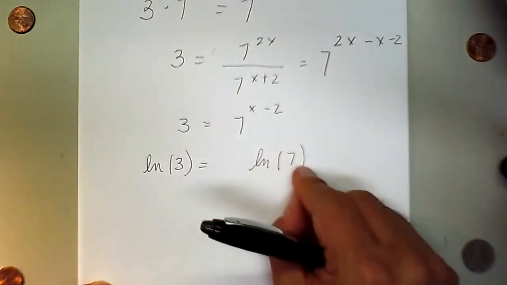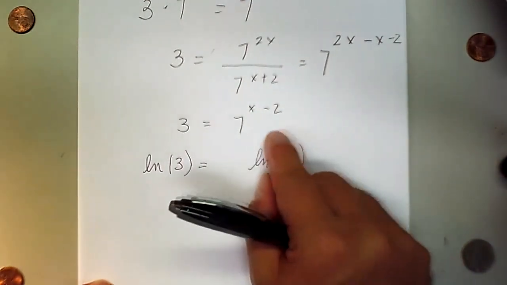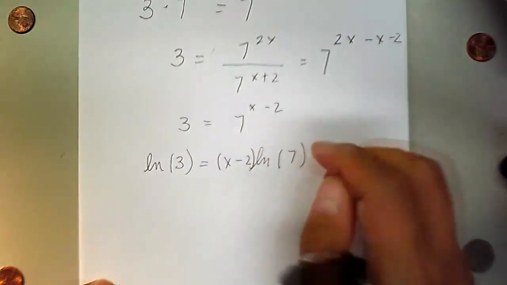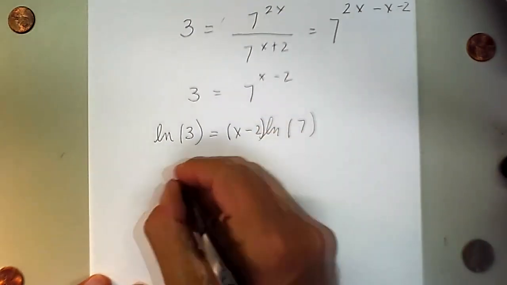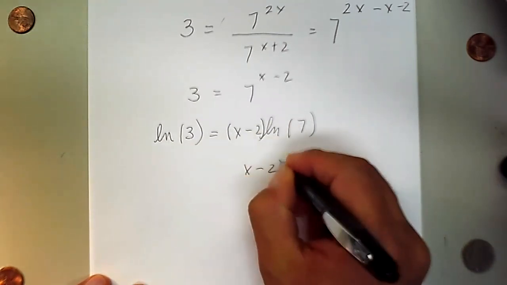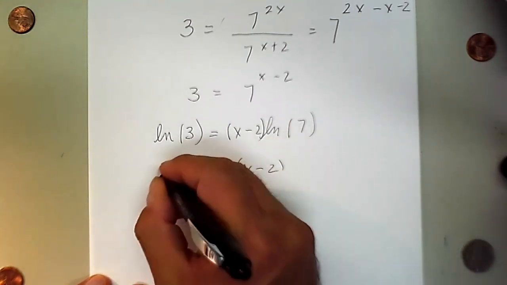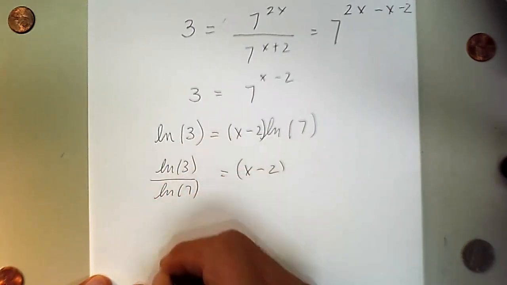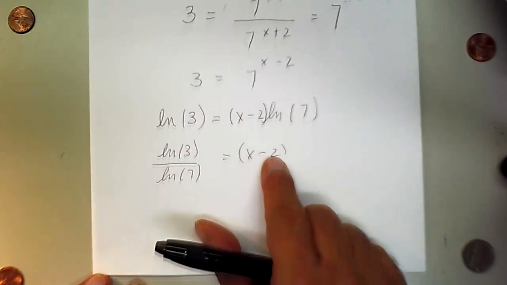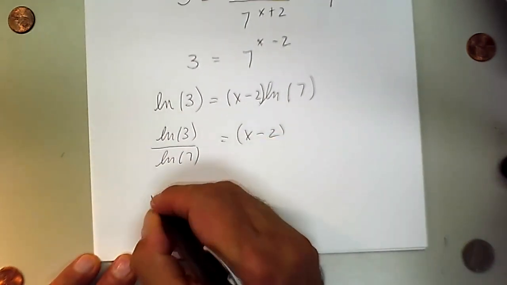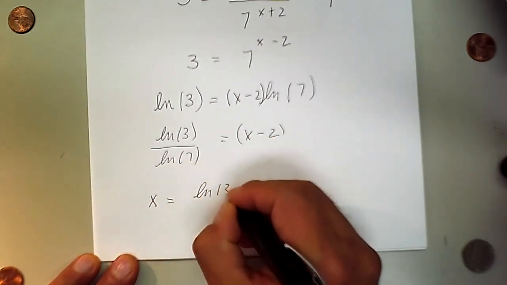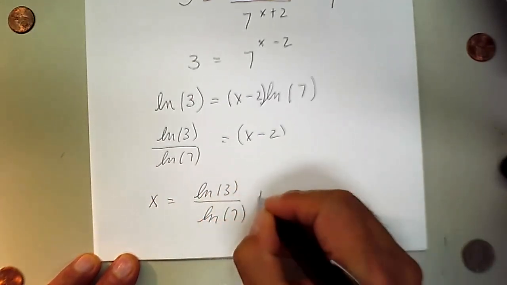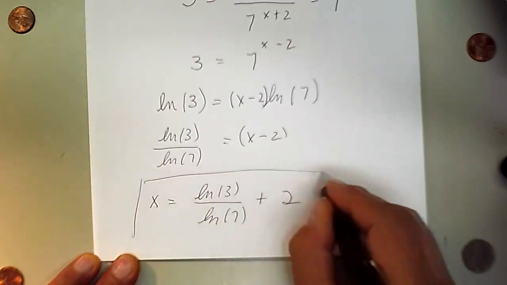I'm doing the natural logarithm of the 7 to the x minus 2, but the x minus 2 hops down. So then we can divide by the natural logarithm of 7. So x minus 2 equals natural logarithm of 3 divided by natural logarithm of 7. And then we can simply add 2 to both sides of the equation. So x equals natural logarithm of 3 over natural logarithm of 7, and then add 2, and there we have it.